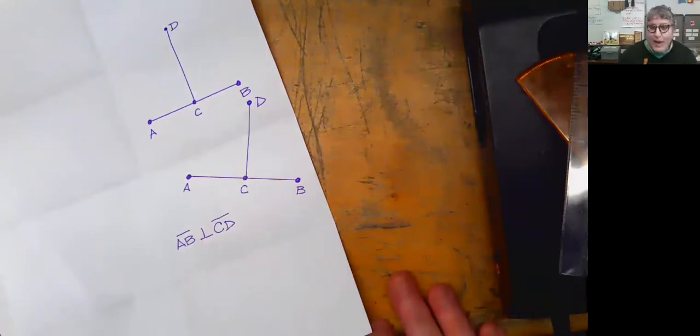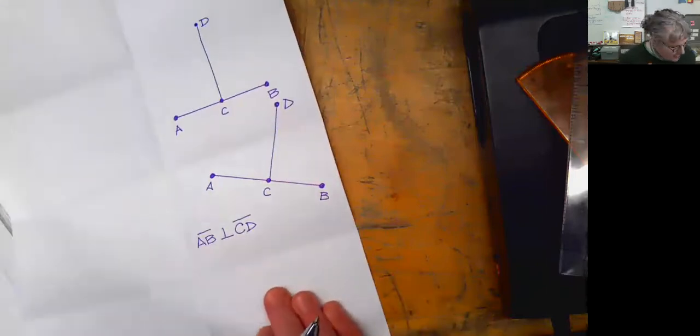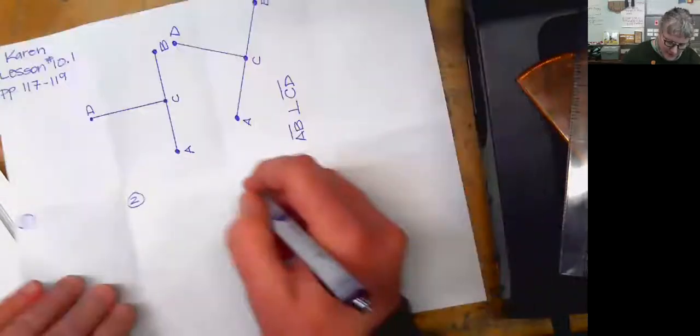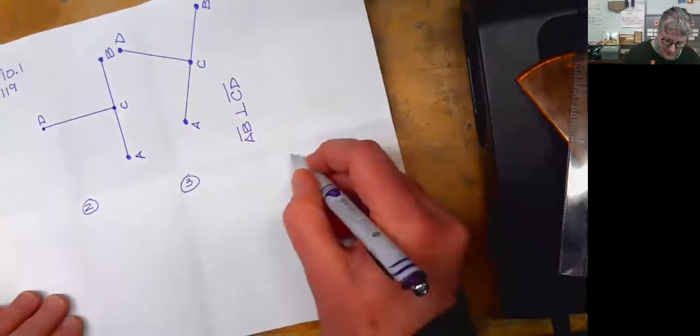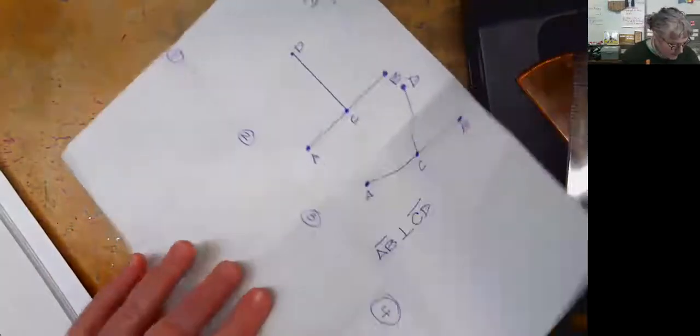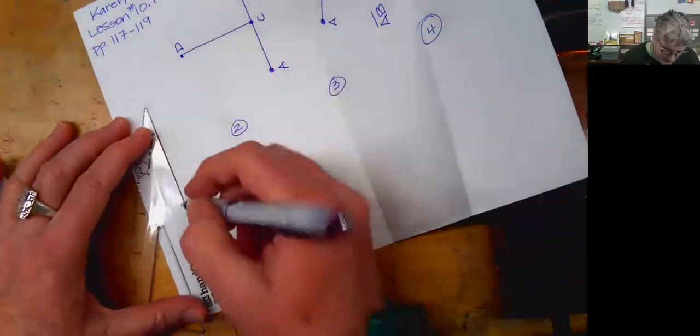Okay. Now we're going to take it up a notch, because we're going to draw some that they give to us. So we're going to do 4 of them together that they have given us. Okay. So number one looks like a straight up and down line, and it has an A in the middle.